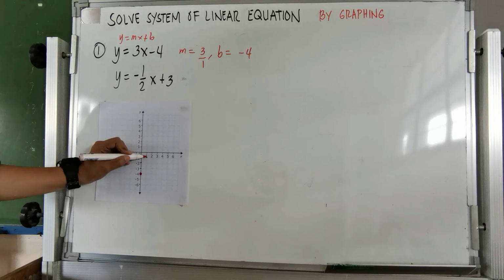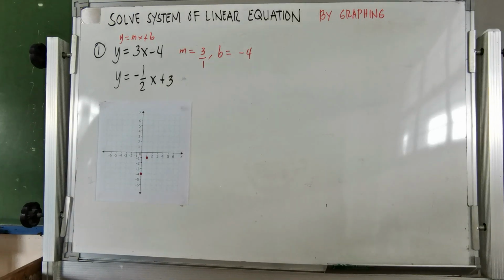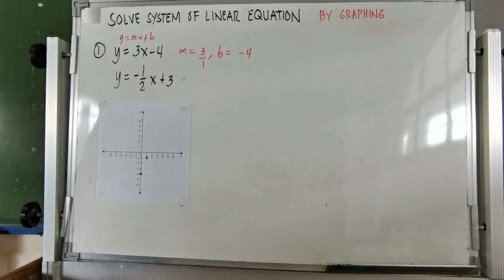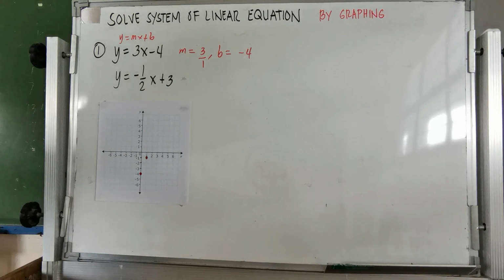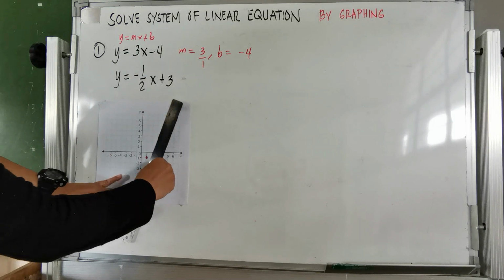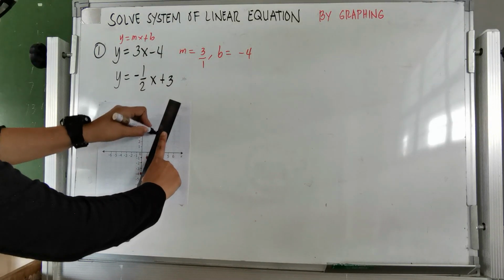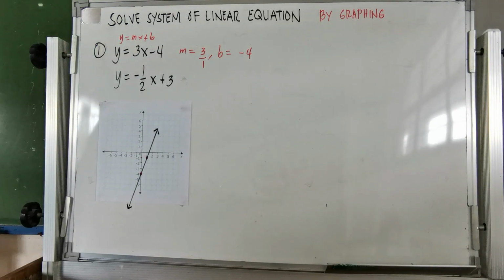So the second point is located here. Now, since meron na tayong 2 points, we can now connect the 2 points using a line. That is the graph of the first equation, y is equal to 3x minus 4.